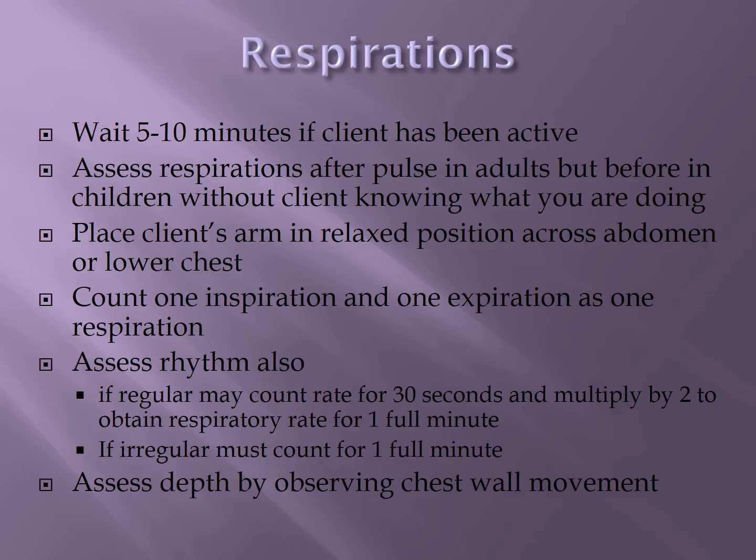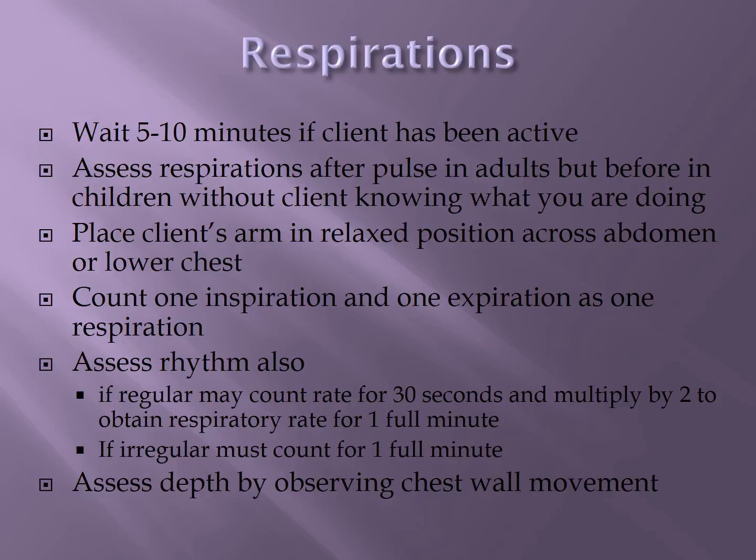In assessing respirations, probably the key critical thing is you need to assess them when they are unaware of what you are doing. Each inspiration and expiration count as one respiration. So you are looking at that chest rising and falling, or you're feeling for that chest rising and falling, and each rise and fall is 1, rise and fall 2.